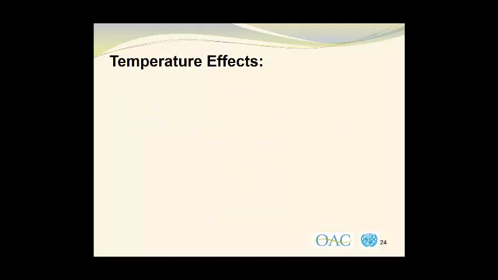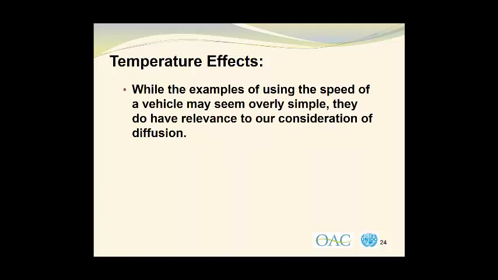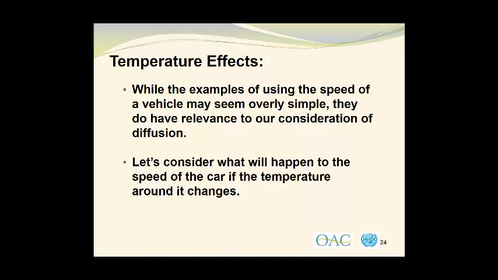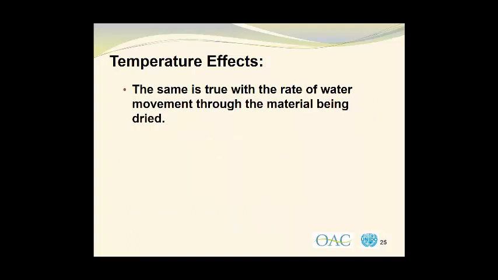Now let's take a look at the effects of temperature on drying. While the examples of using the speed of a vehicle may seem overly simple, they do have relevance in our consideration of diffusion. Let's consider what will happen to the speed of the car if the temperature around it changes. And the answer is very little, because the temperature really doesn't impact the speed of the car. The same is true with the rate of water movement through the material being dried.